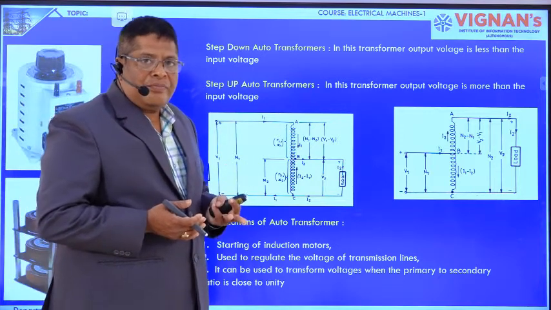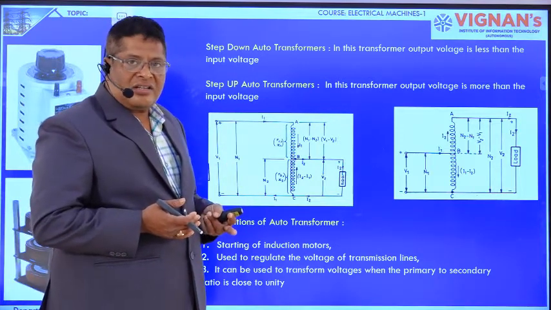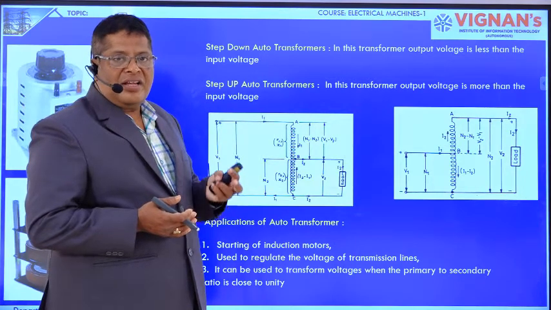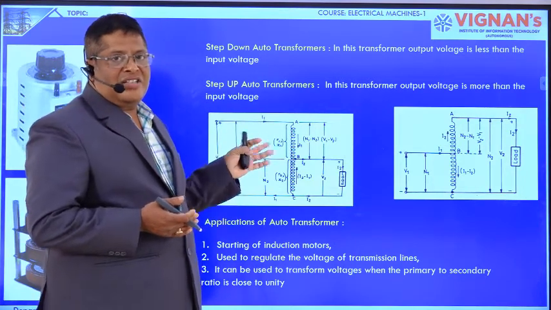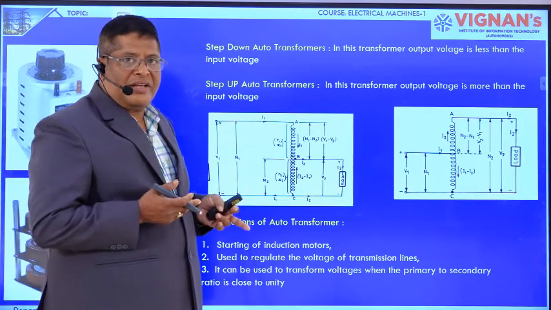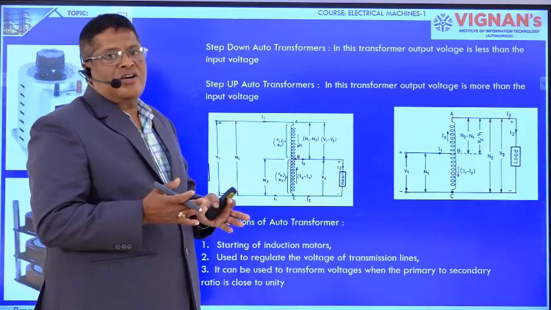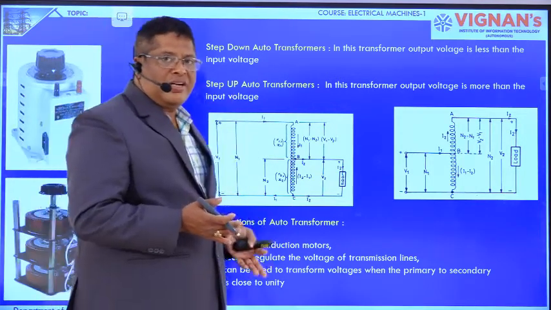It is very cheap and the size also will be lesser, because it does not consist of two windings, it has only one winding. So the weight of the auto transformer is also lesser when compared to the two winding transformer.